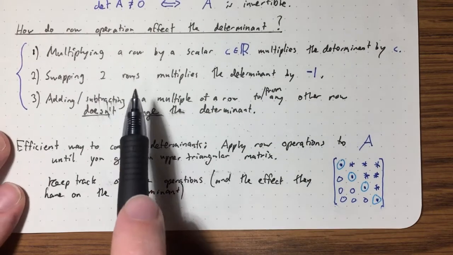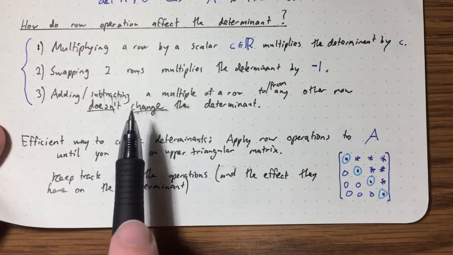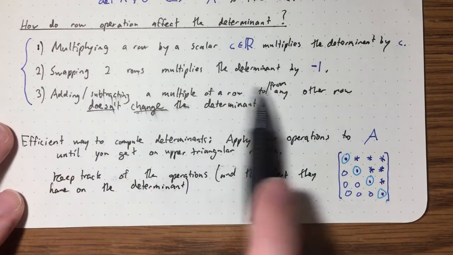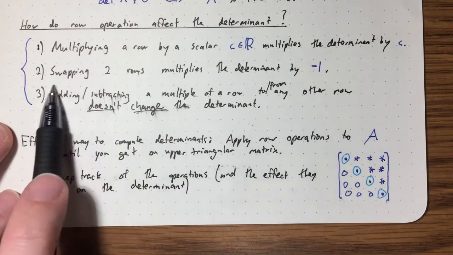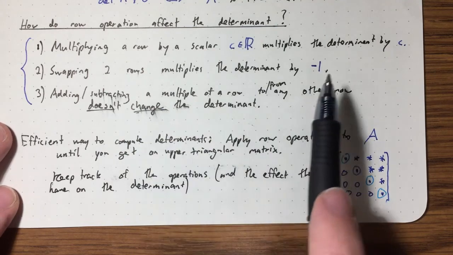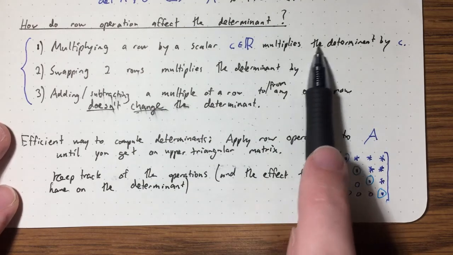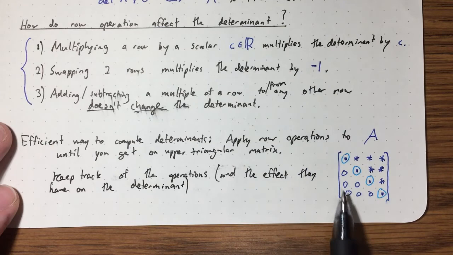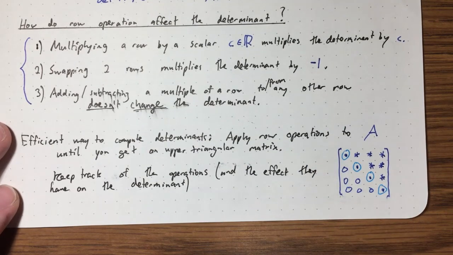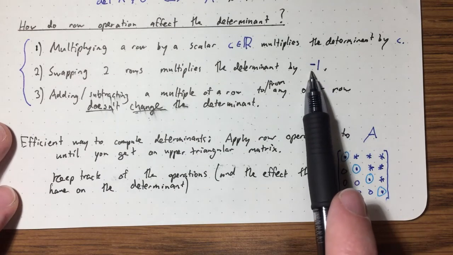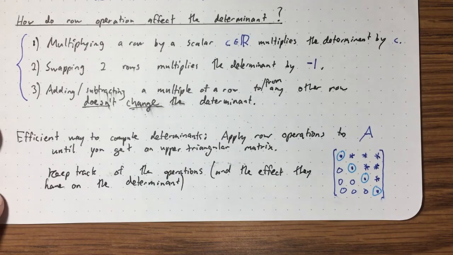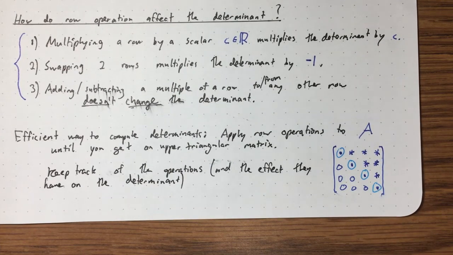So let's suppose I swapped two rows, and then I just did a bunch of this step, adding and subtracting a multiple of a row to another row. That doesn't change the determinant, but I have to remember that I swapped those two rows. So I multiplied it by -1. So I need to take the determinant of this matrix, just multiply these entries, and then I need to remember that I multiplied by -1. So I need to divide by -1. Well, that's just the same as multiplying by -1. And I get the determinant of the original matrix.